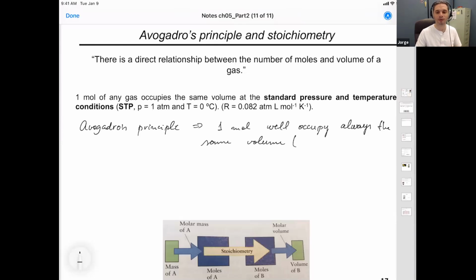And this volume receives a special name, called molar volume, and the symbol is going to be Vm.